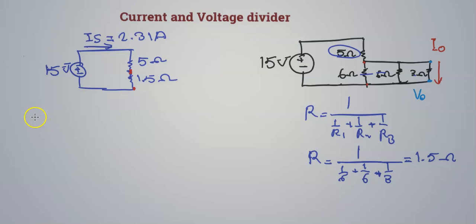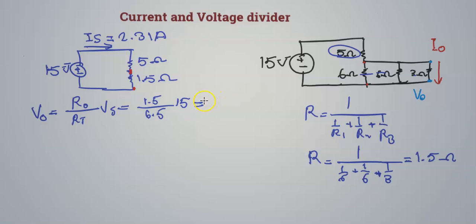All right, so let's see how we can find the voltage across these two points. If you remember, the voltage divider is V naught or Vx equals R naught divided by RT times the voltage source. In our case, we are looking for the voltage across this resistor, which is 1.5, and the total resistance is 6.5, times 15.